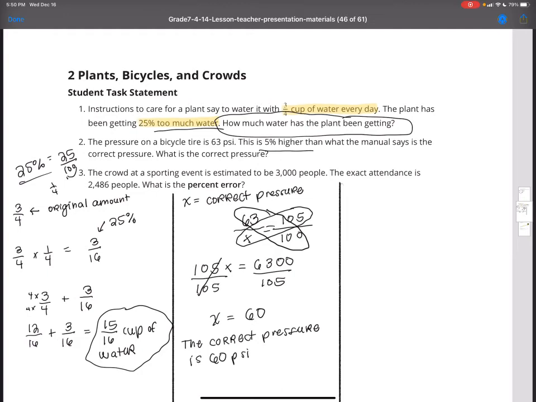Okay. So what we can do is find out, well, what's the guess? The guess is they estimated that 3,000 people was going to be there, but the exact number of people that came was 2,486 people. They're trying to find the error.